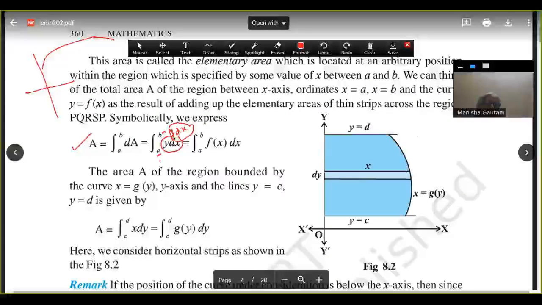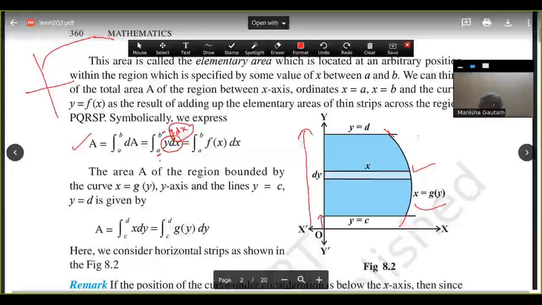suppose the curve is like this one, and the function is x is equal to g(y). Here you can observe, as we have taken x is equal to a and x is equal to b in the previous graph, here we will take y is equal to c and y is equal to d, because we are taking this one and this one.